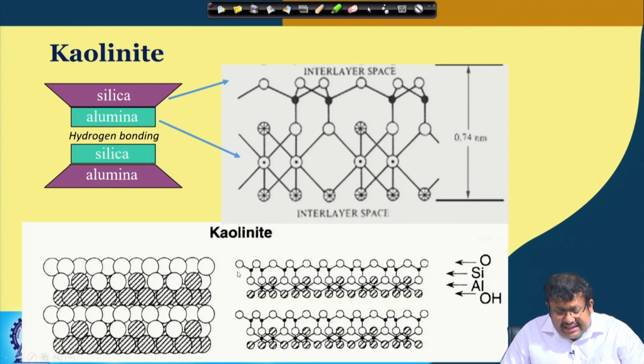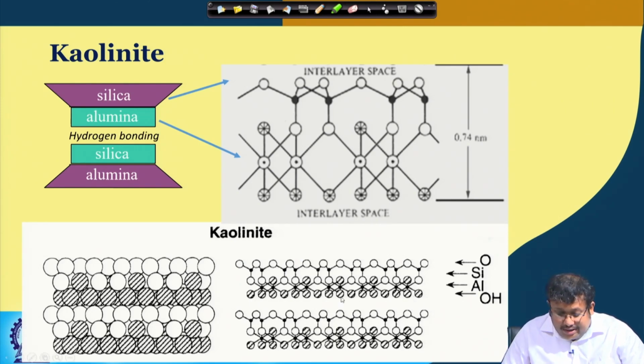One thing is very clear from this structure: in these two adjacent layers, the basal plane of atoms represents hydroxyl here, and the next adjacent layer of atoms is the oxygen atom.